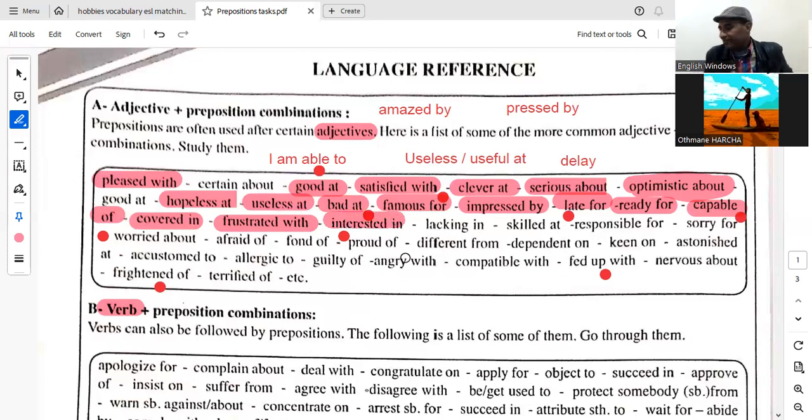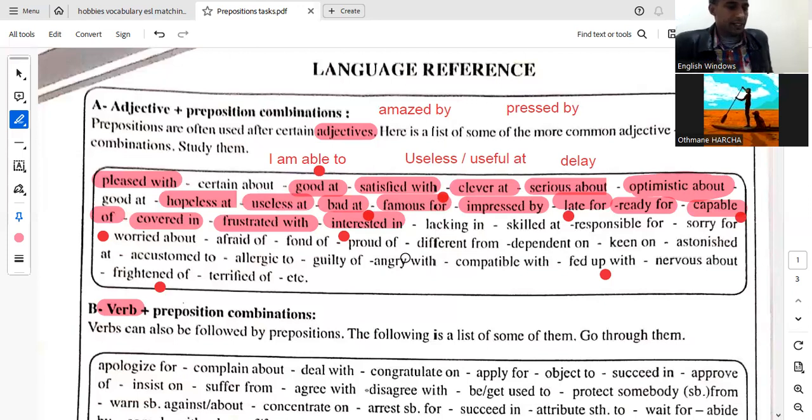Interested in. What does that mean? Something that caught my attention, or that concerned you. Interested in something. Great. Example, can you give me an example? What are you interested in?